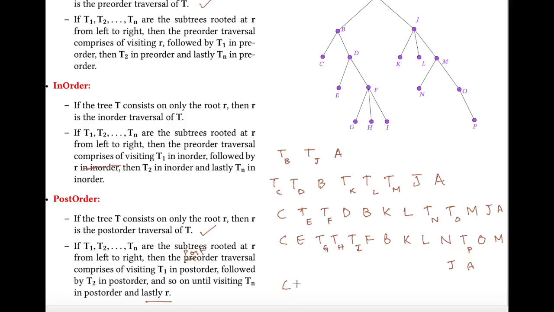So we just say C, E, G, H, I, F, B, K, L, N, P, O, M, J, A. Okay. So we have C, E, G, H. So I forgot a D here.